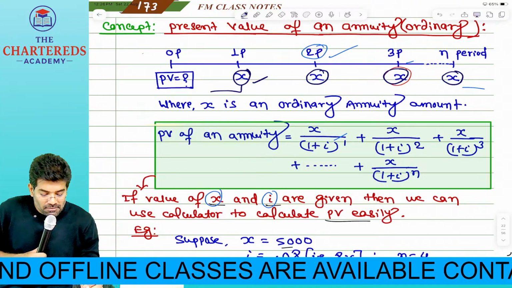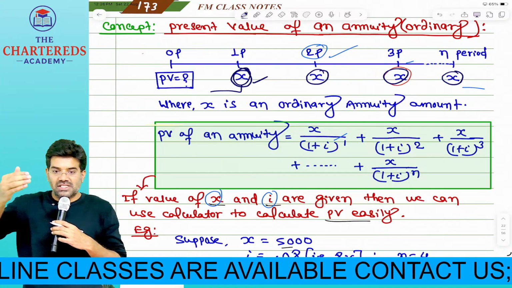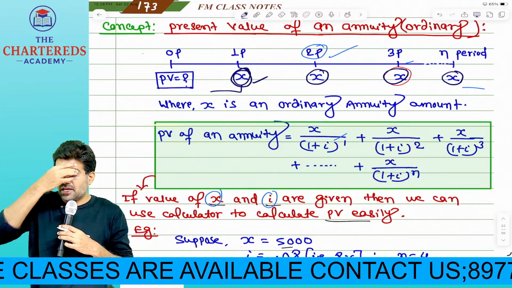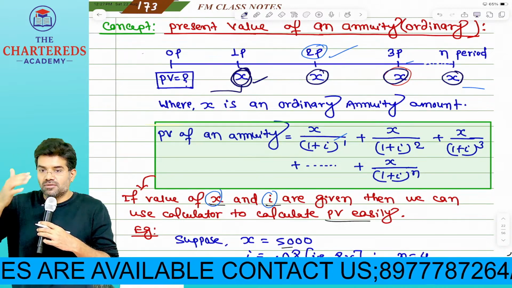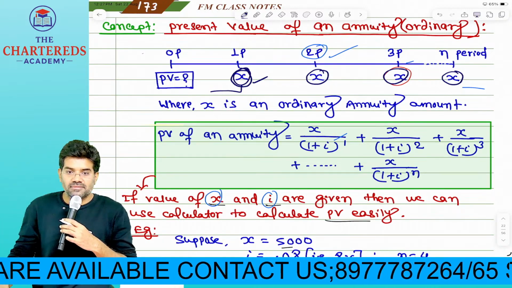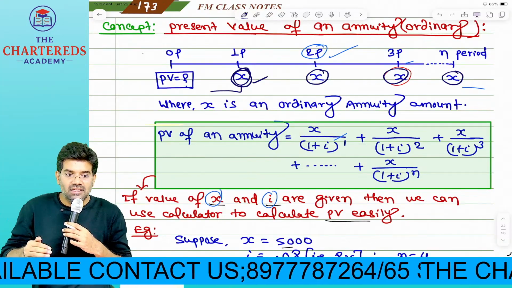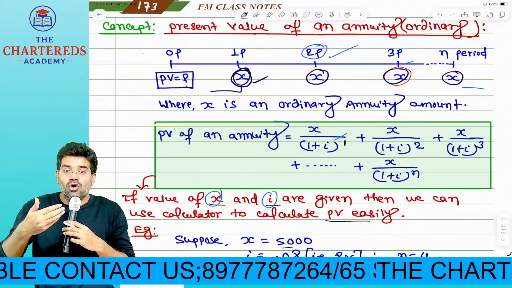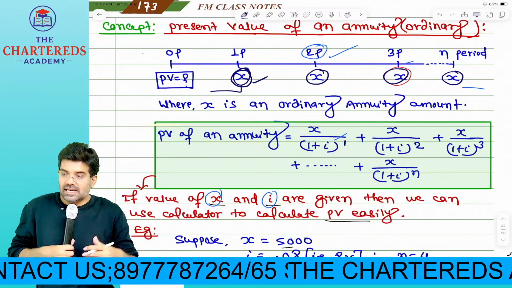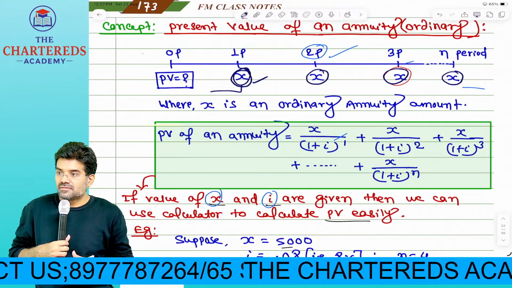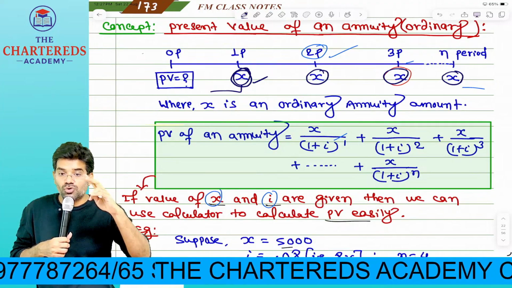If you want to get the present value of, say, the first period's ending value, what is the formula? You divide: X divided by (1 plus i) whole power 1, because that is the first period. Second one: X divided by (1 plus i) whole power 2.